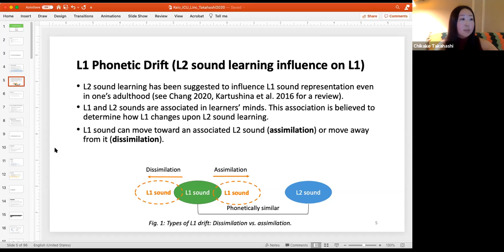One is that the L1 sound might be pulled toward a similar L2 sound in some acoustic dimensions. Therefore, the L1 sound becomes somewhat similar to an L2 sound. Or the L1 sound can shift in the opposite direction, moving away from its associated L2 sound. Both cases have been reported in the literature.